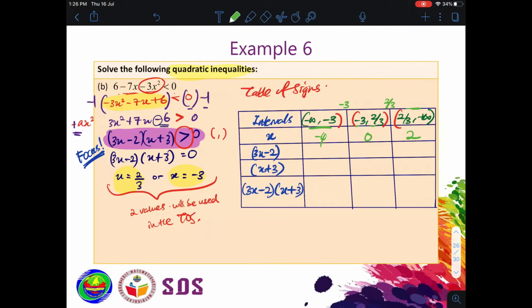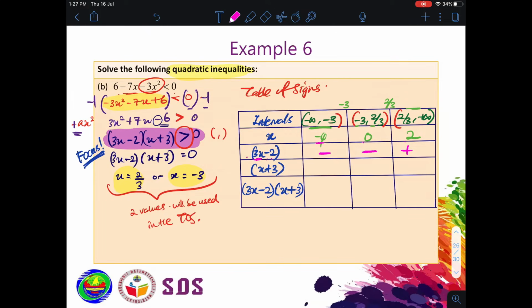Now I will put negative 4 inside the first factor: negative 4 times 3 gives us negative 12, minus 2 is negative 14, therefore a negative sign. 0 times 3, 0 minus 2 is negative 2, therefore still a negative sign. 2 times 3 is 6 minus 2 is 4, that's why we get a positive.